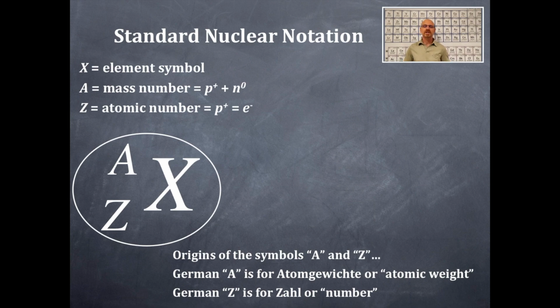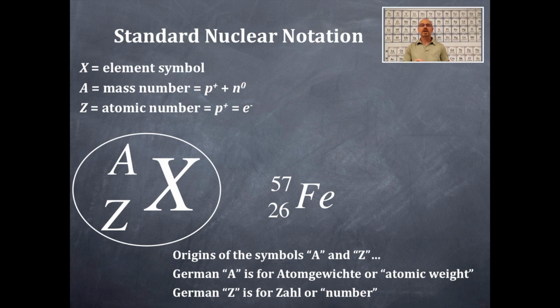Okay, so let's do two examples here for you. So you should see here that the Fe is representing the X, the 57 is the A, and the 26 is the Z. The Fe is for element iron, and the 26 is the atomic number, and the 57 is the atomic mass.